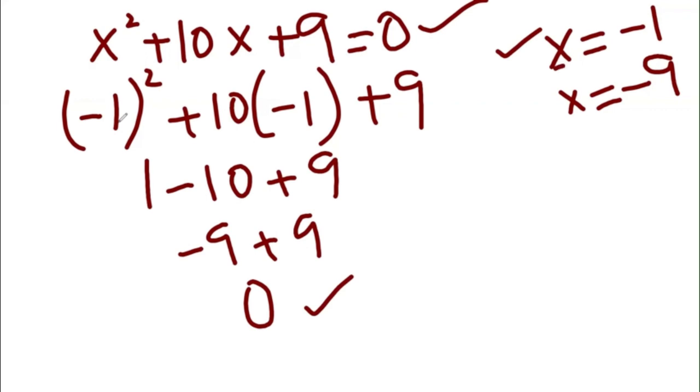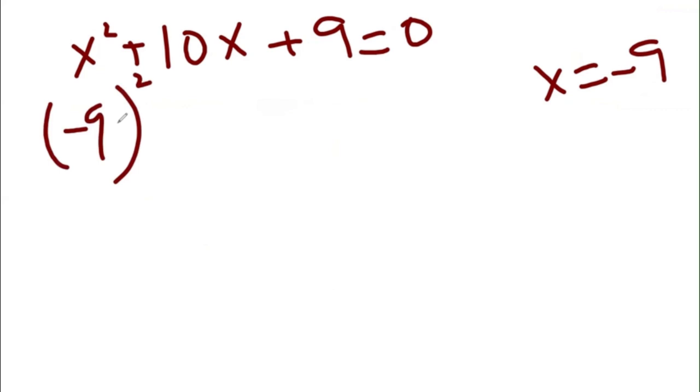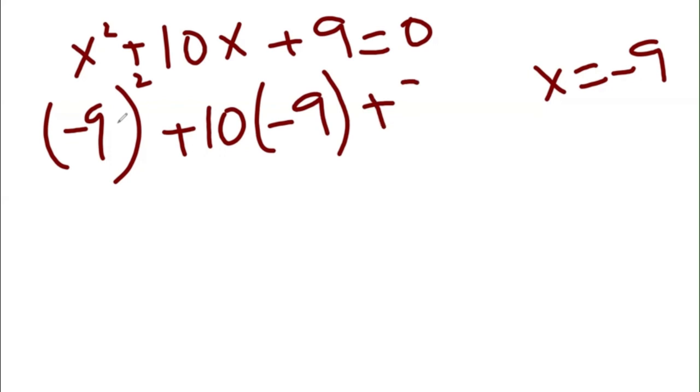Now we are going to substitute x equals -9. x squared plus 10x plus 9. In place of x, write -9. And let's see whether you're going to get 0 or not. 0 is there on the right-hand side, so the left-hand side and right-hand side will be the same.